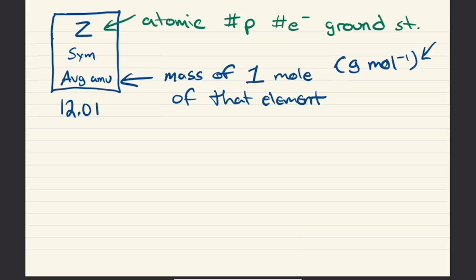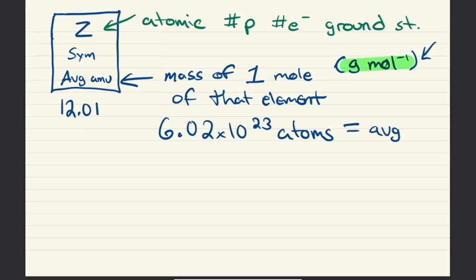Now, what is implied within this calculation is that 6.02 times 10 to the 23rd atoms are equal to the average atomic mass, right?